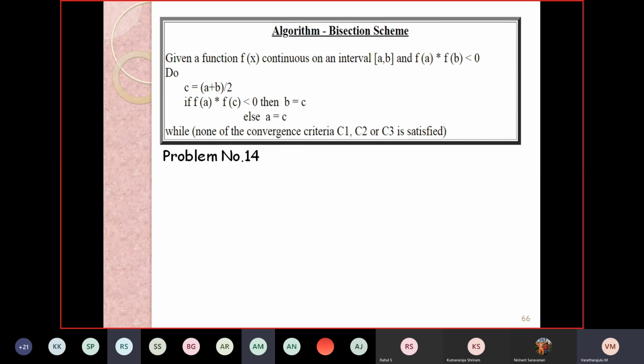Please make a note. That is problem number 14, a simple problem compared to the iterative and Newton-Raphson methods. Please assume f of x is equal to 3x sin x minus e power x.